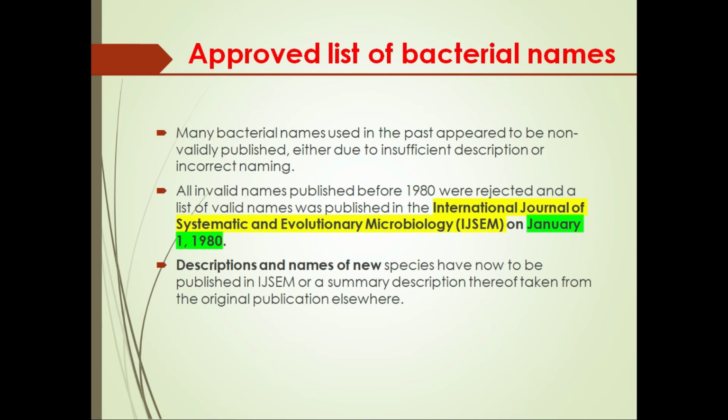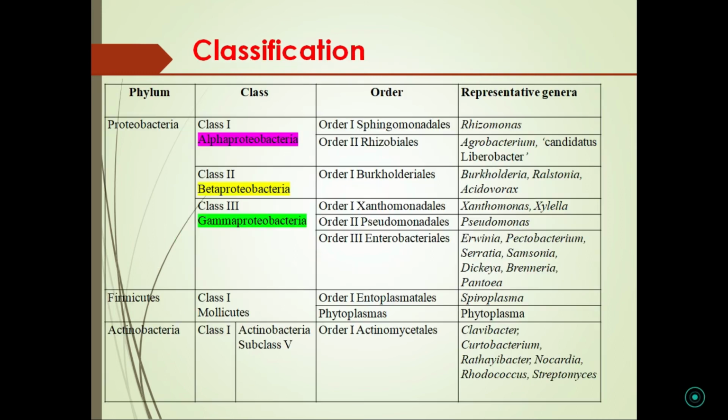Any researcher working on a new species of bacterium, to get the name of the bacterium approved, should publish the research paper in that journal. That way, the bacterium gets its name approved. So this is another aspect of bacterial nomenclature.